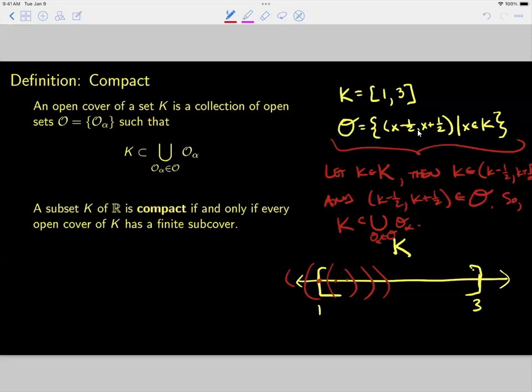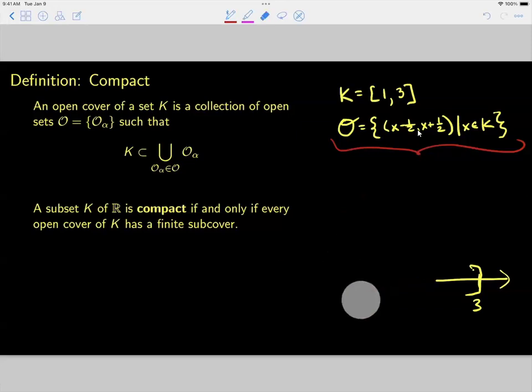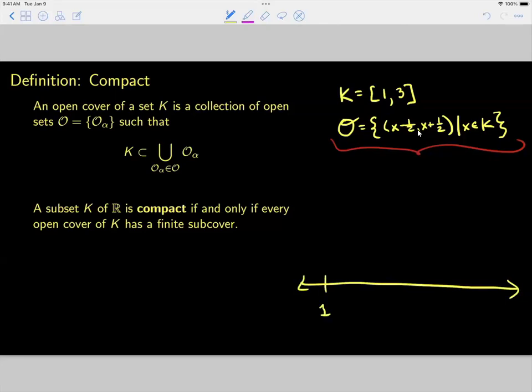Now, we don't know yet if this set is compact or not. If it is compact, then this open cover ought to have a finite subcover. Let's see if we can figure out a way to come up with a finite subcover. Well, you probably pretty quickly see, if I start here, one somewhat naive way to do this, and not a way that'll always work, since sets can have very bizarre structure, but this is a nice interval, so maybe this shouldn't be too bad.